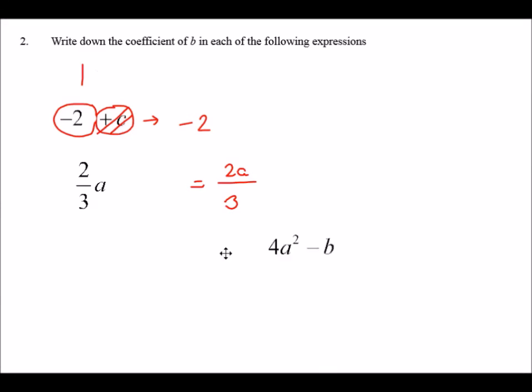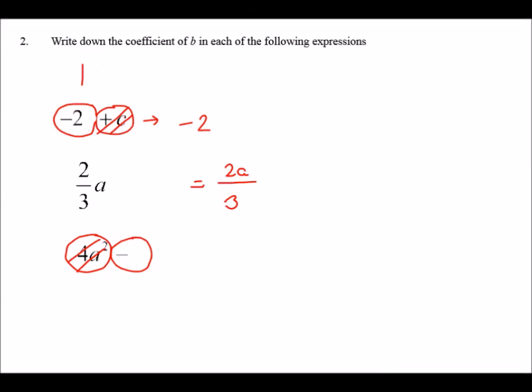Let's look at the last one, 4a squared b. First thing I do is circle the terms. There's one term. There's the next term. Topix rule. Topix out. Remember, we discarded this term because it has no b in it.